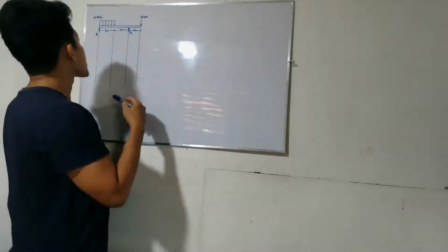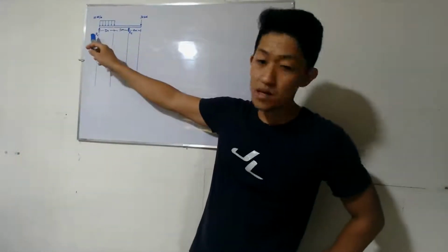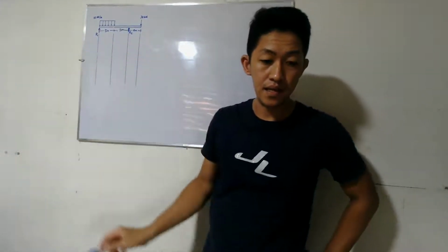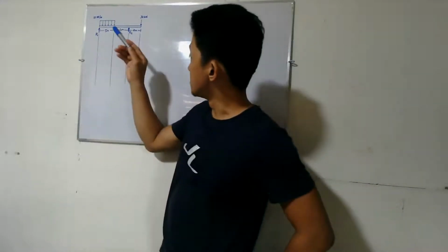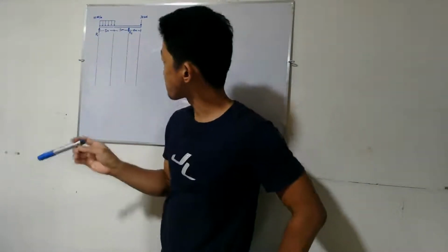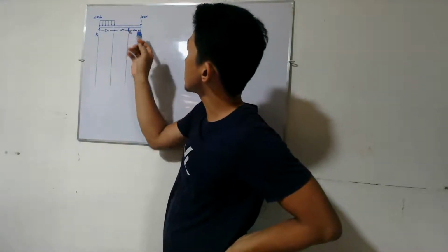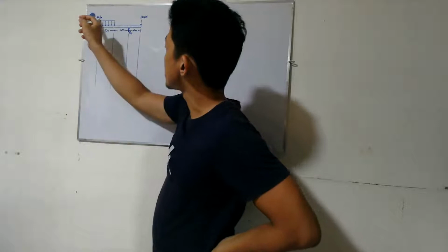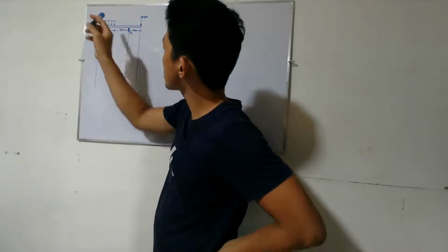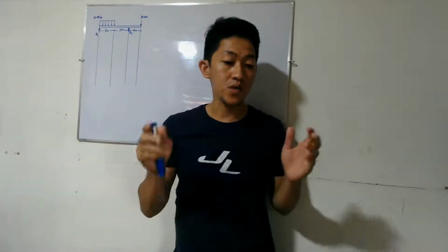We have reaction R1 and then reaction R2. We have a concentrated load here at the end, and a distributed load of 20 kilonewton per meter for 5 meters. Okay?